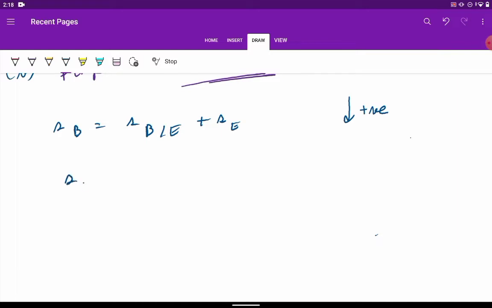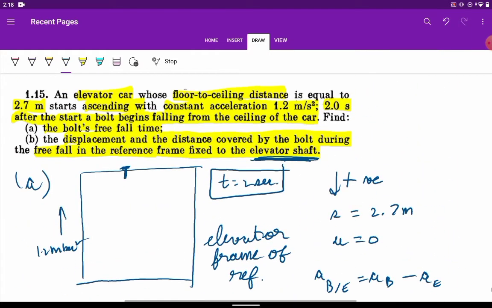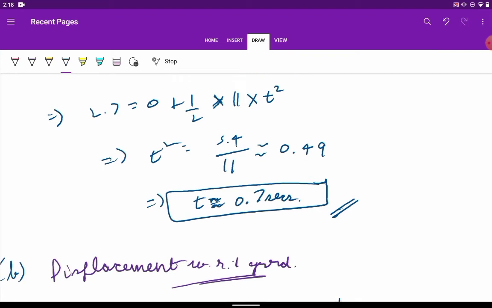So S of elevator is the distance covered between 2 seconds and 2 plus 0.7, because that is the free fall time.